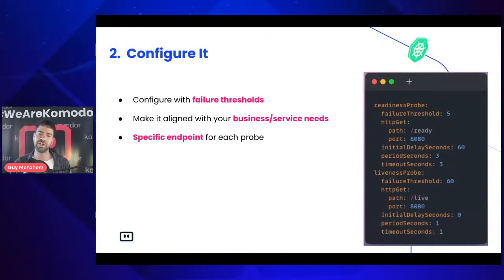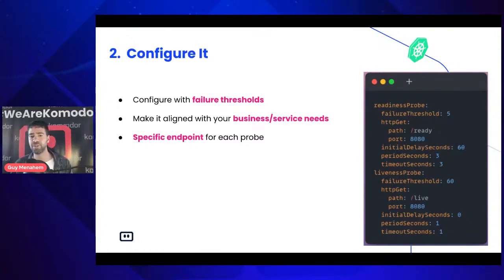Configuration of readiness and liveness probes is pretty easy and straightforward. You can see an example on the right side, which has very long initial delays and thresholds. So don't use that example, but use this structure to configure yours. And you can configure a lot of things like threshold, delays, period per request.